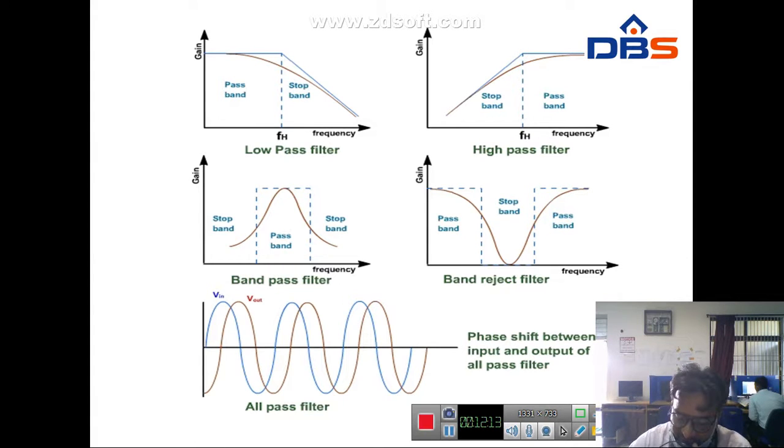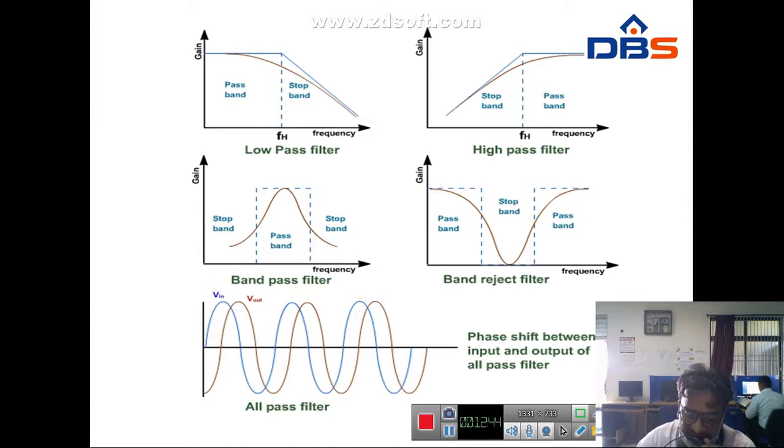The frequency responses of band pass and band reject filters are shown in diagrams C and D. In these figures, fc is called the center frequency, since it is approximately at the center of the pass band or stop band. Coming to figure E, it is the frequency response of the all pass filter.